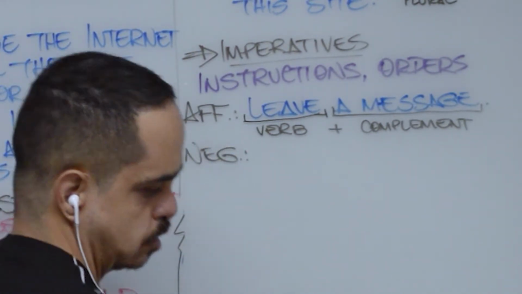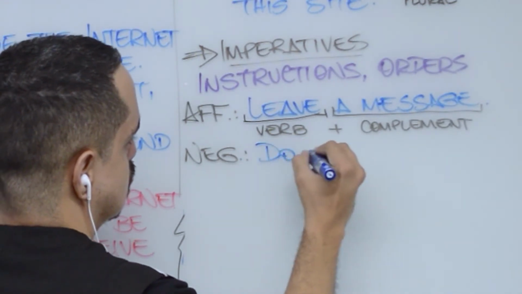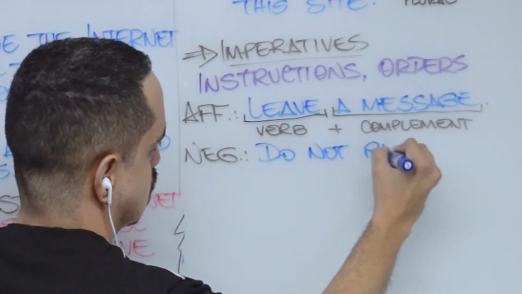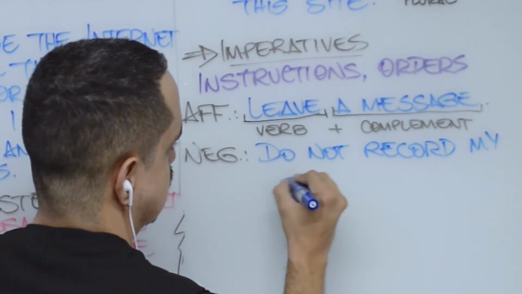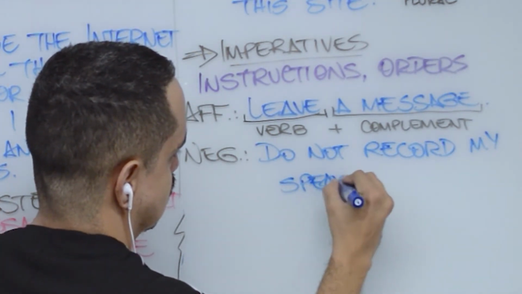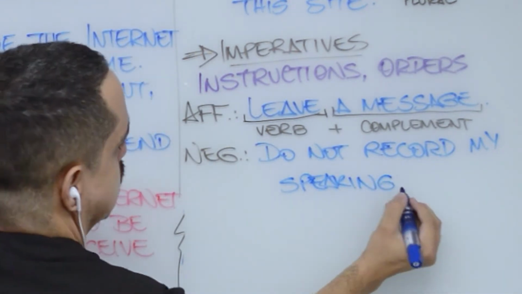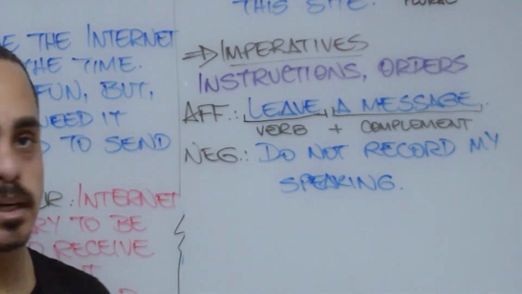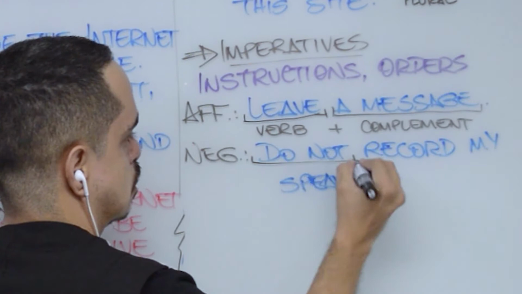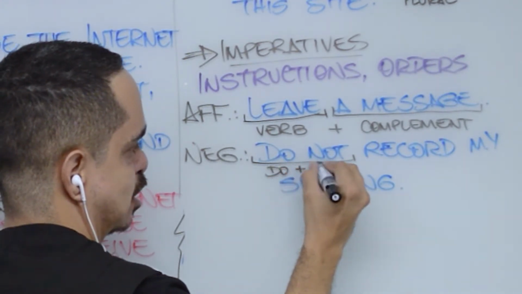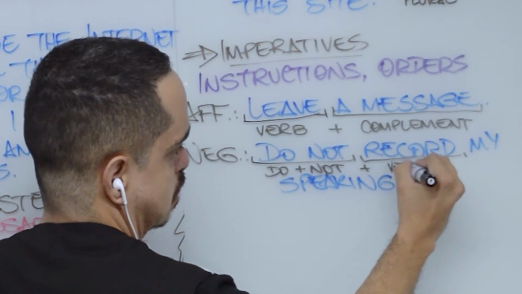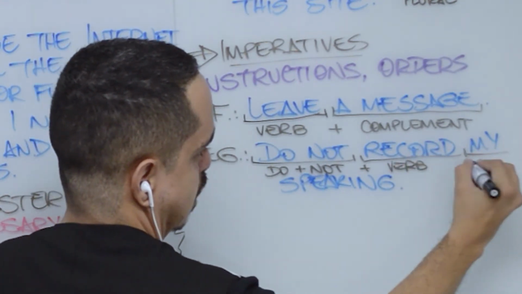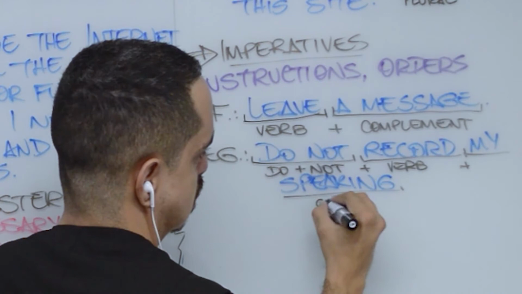So, for example, I can say, don't record my speaking. What do I have here? I have do plus not plus verb in base form plus our complement.